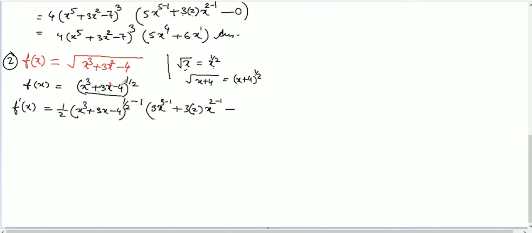And then minus 4, the differentiation of a constant number will be 0. So we already differentiated the outside function with the power, and now we differentiated the inside function.